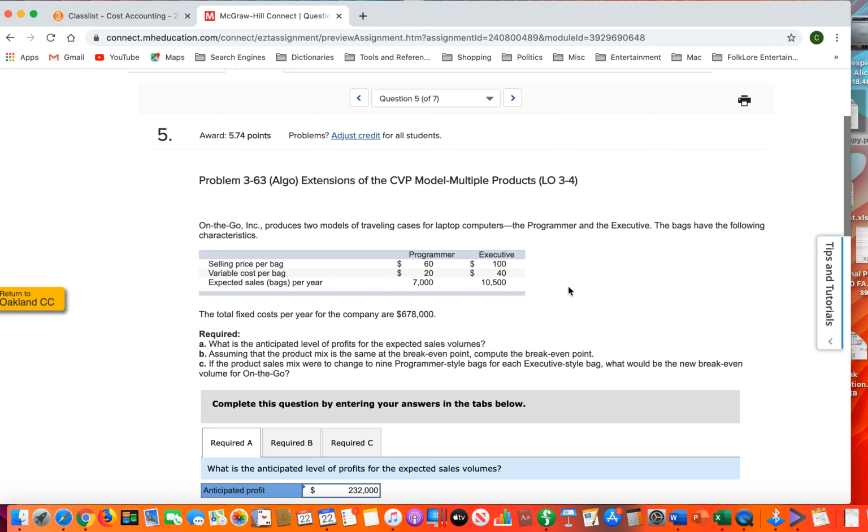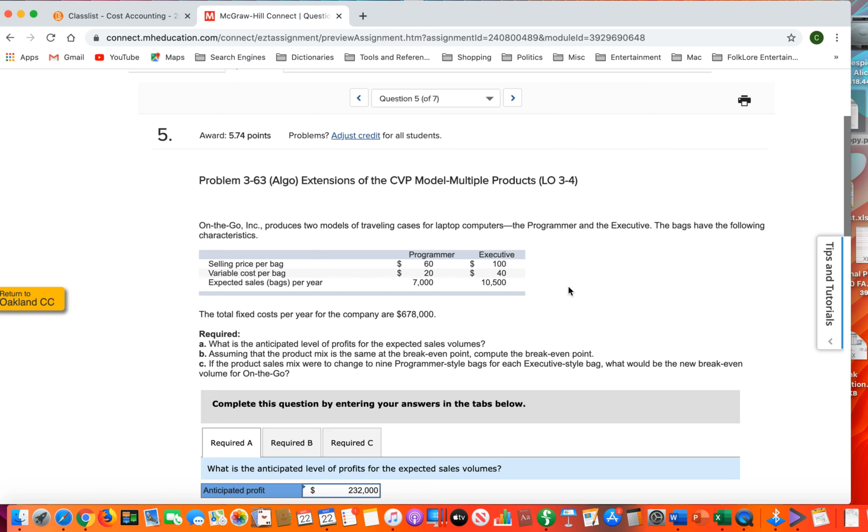So 60 times 7,000 is 420,000, and 20 times the 7,000 bags will give you 140,000. You subtract one from the other, and you get a contribution margin for the programmer bags of 280,000.